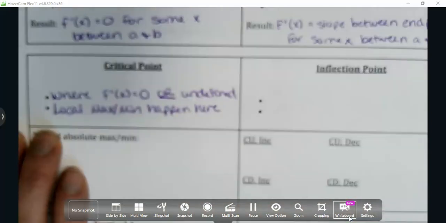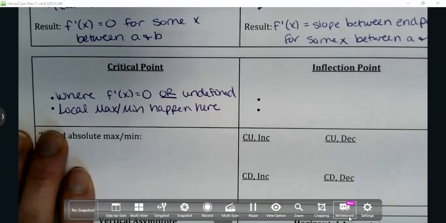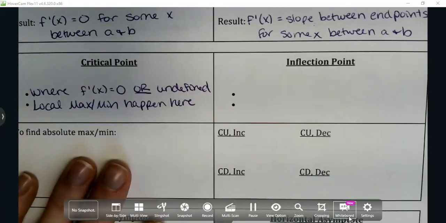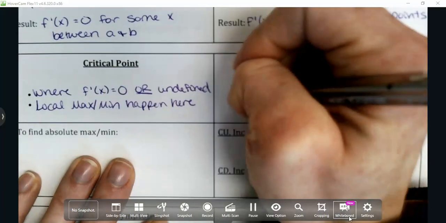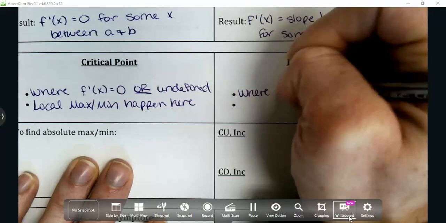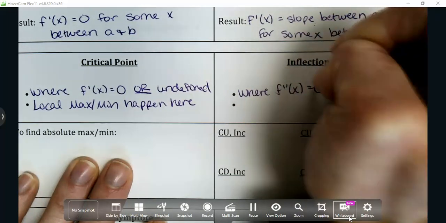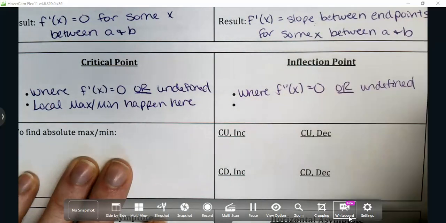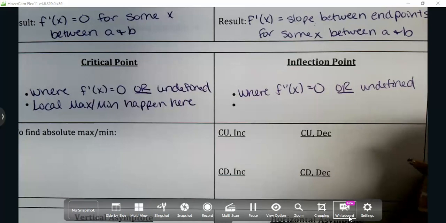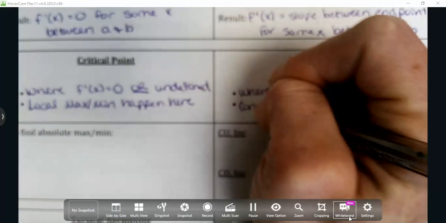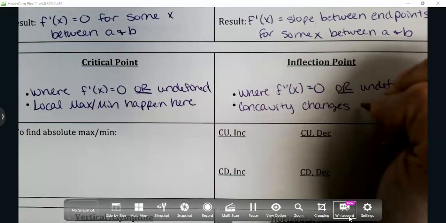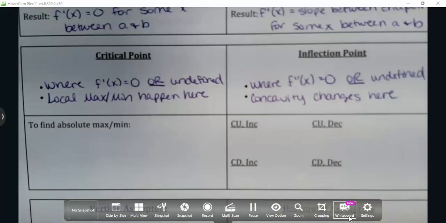So that's also where you find your increasing, decreasing from that. What's an inflection point? Where the second derivative is 0 or undefined. And what happens at those points?